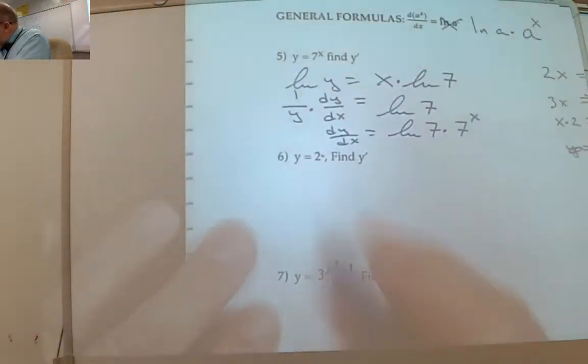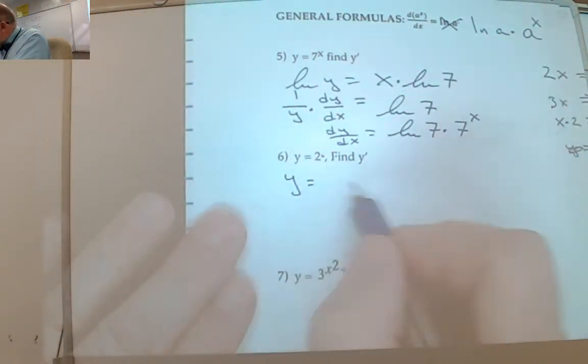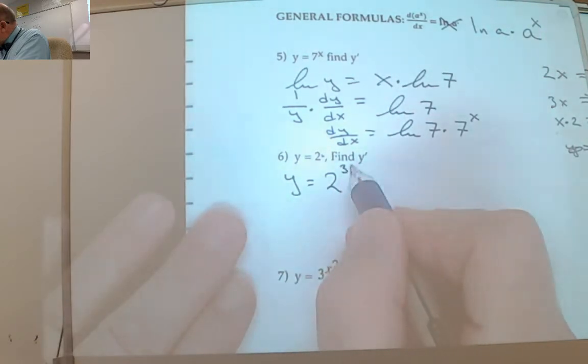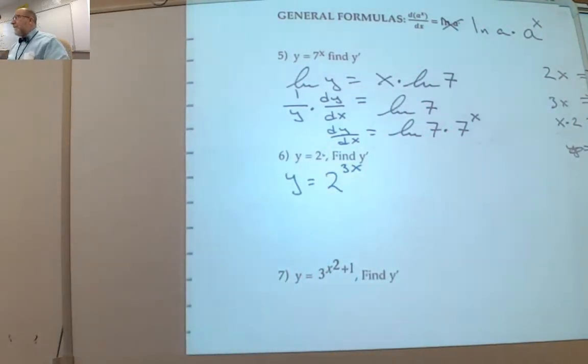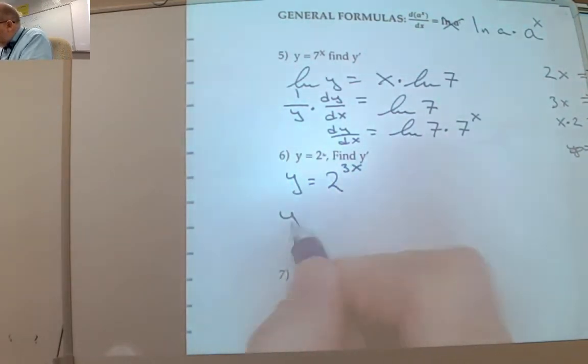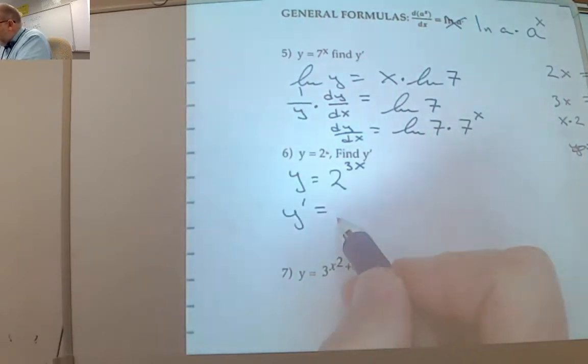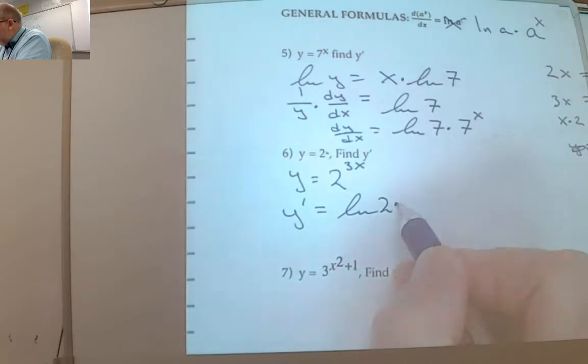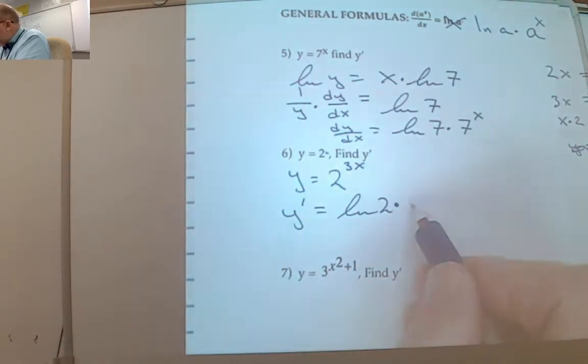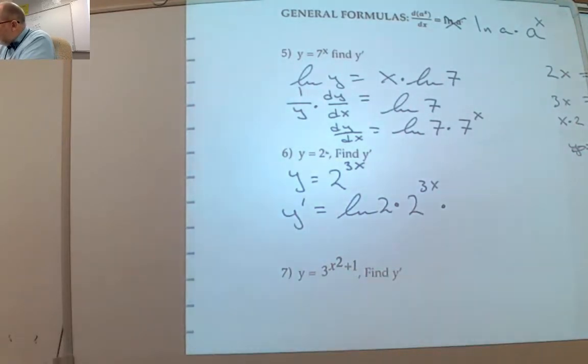So, Renee, I'll write this a little bit bigger because Matt can't see it. Can you see that? Yeah, I do. I'm going to write y prime because my hand's getting tired. So what am I going to start out with? The natural log of 2 times 2 to the 3x, times 3, because of the chain rule.